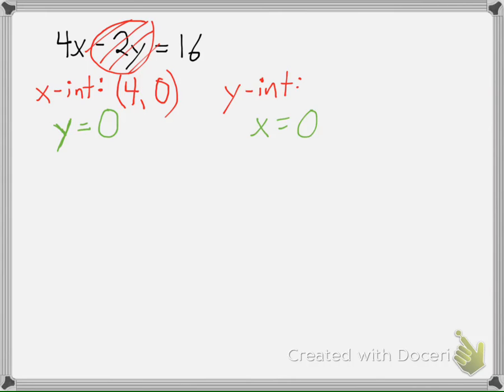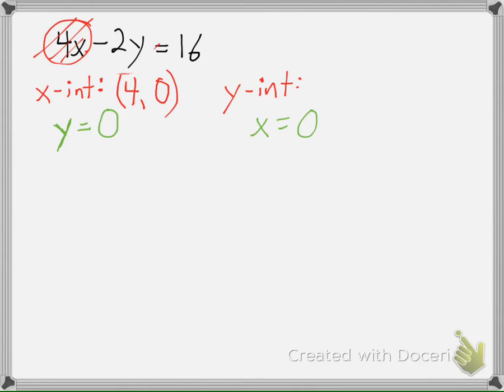So this term is unimportant now, right? If x is 0, 4 times x is 0, and 0 minus 2y is negative 2y. Don't forget that minus sign is attached to the 2y part, not to the 4x part.